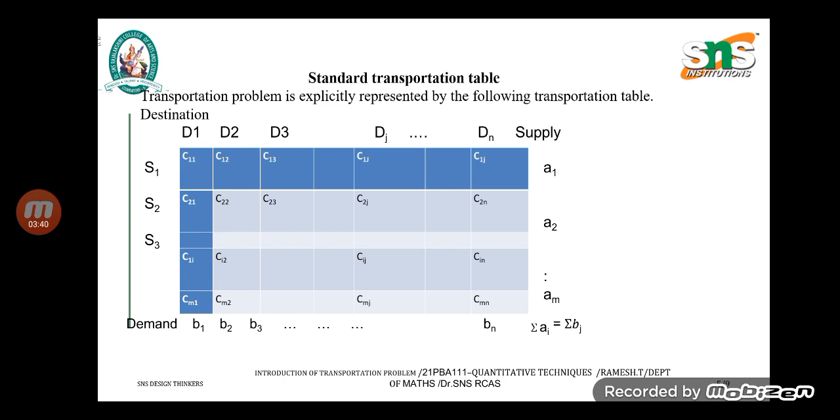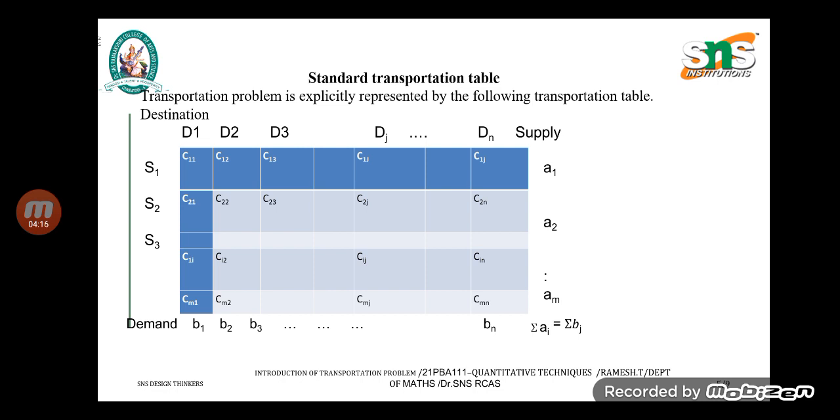C11, C12, C13, up to C1j, and C21 and so on, up to Cmn, are all unit costs. And for supply, in source 1, there are A1 supplies available, in source 2, A2 supply is available, in source 3, and so on up to source m, Am supplies are available. On the demand side, at D1 there is B1 demand, at D2, B2 demand, D3, B3 demand, and so on, Dn, Bn demand.